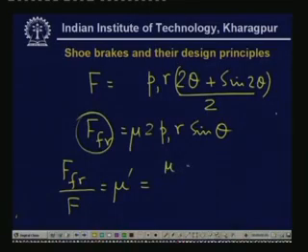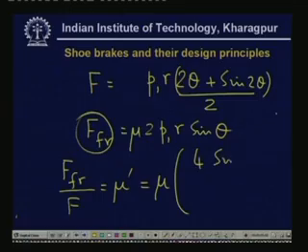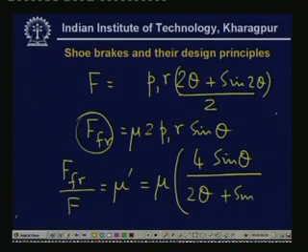This is not equal to mu, as you can see, and this becomes mu times a factor, let me write down, mu times a factor 4 sine theta divided by 2 theta plus sine 2 theta. So, this is the equivalent coefficient of friction due to the distributed nature of this force.